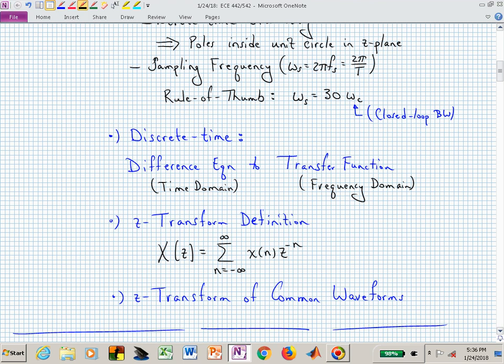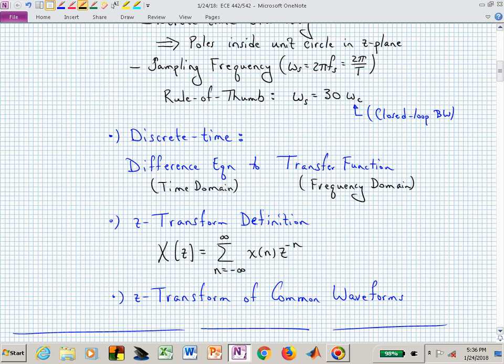It could correspond to a system's impulse response. And we can put both of those into the frequency domain. And what capital X of z corresponds to, whether it's a system or a signal, you'll have to just know or be given or told what that really corresponds to.